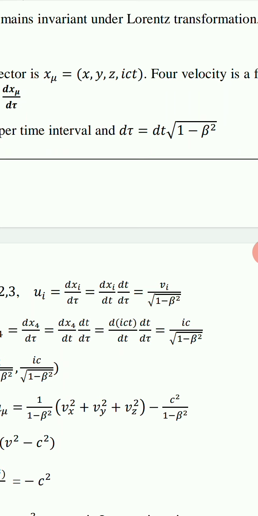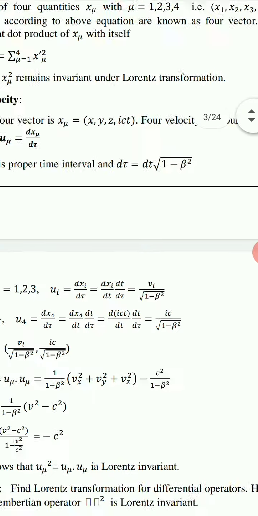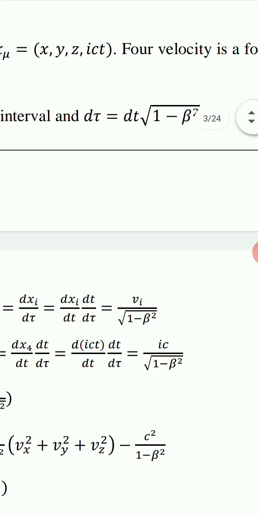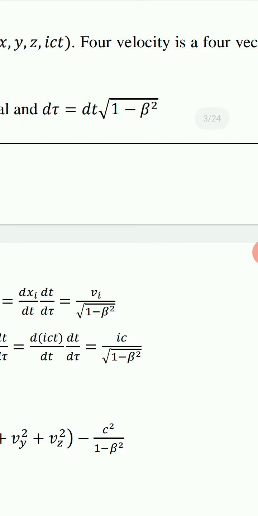And if we take the time interval dt in a frame with respect to which the body is moving with velocity v, then the proper time interval d tau is related to this time interval dt by this equation: d tau equal to dt under root 1 minus beta square.